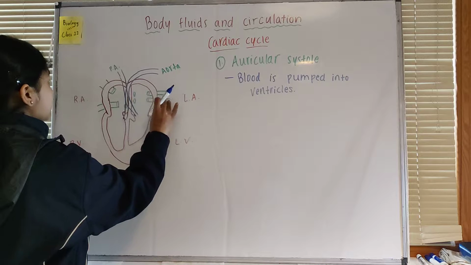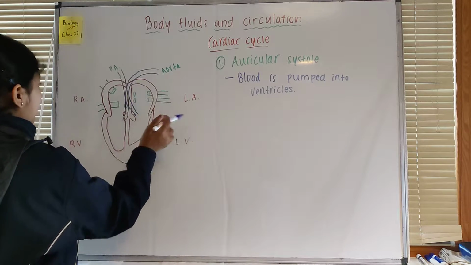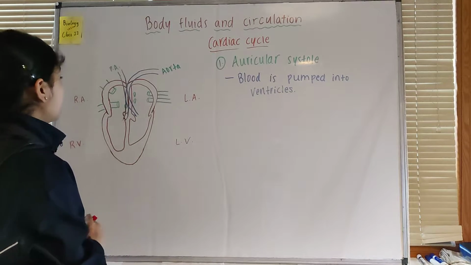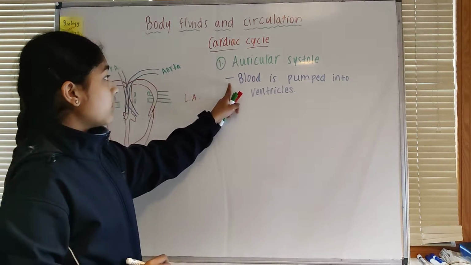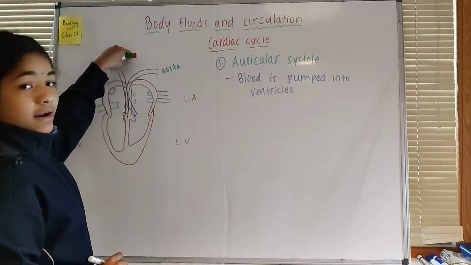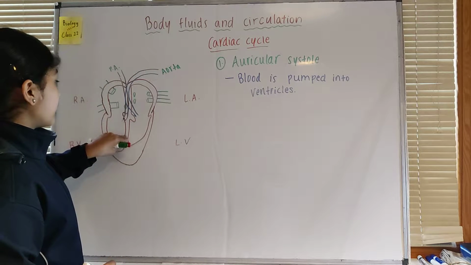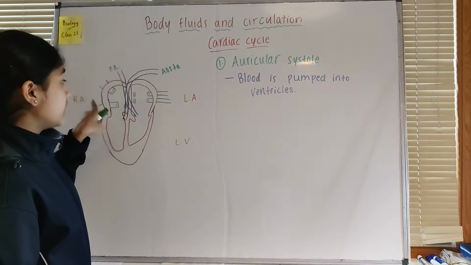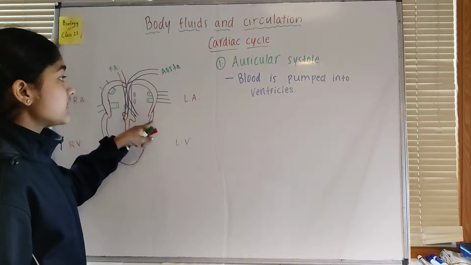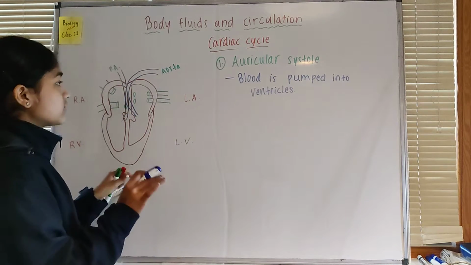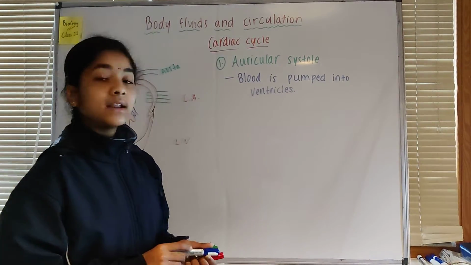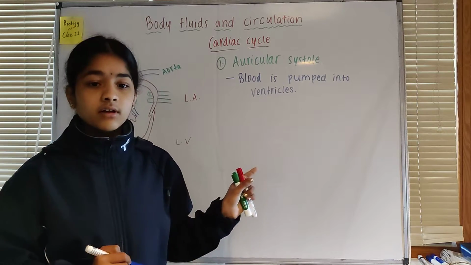There are 4 chambers: left auricle or left atrium, right auricle, right ventricle, and left ventricle. In the next step, the blood again goes into the different blood vessels, and then at the end everything is relaxed. We'll take all those steps and see. So in auricular systole, the blood is pumped into the ventricles.